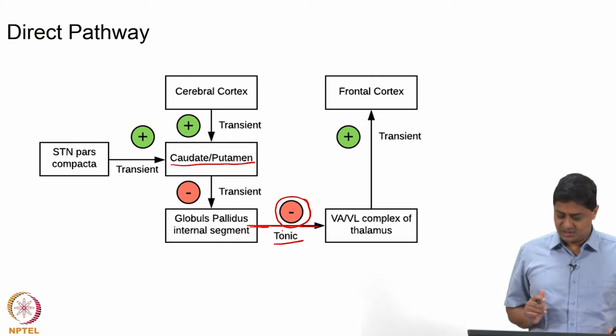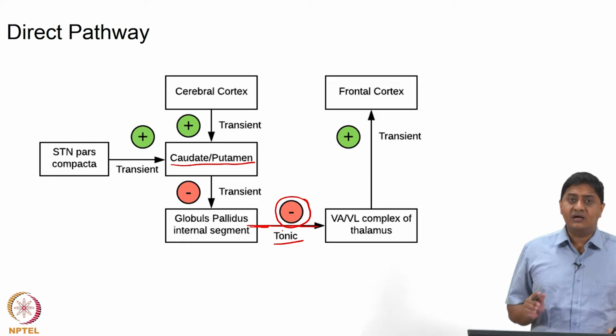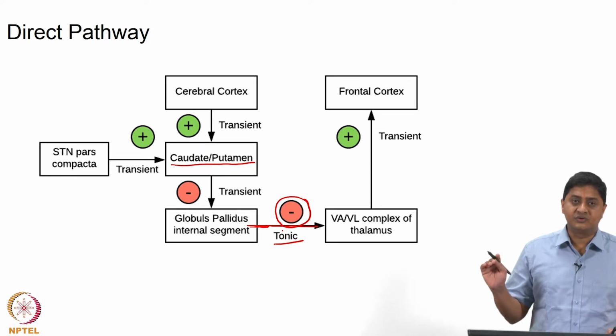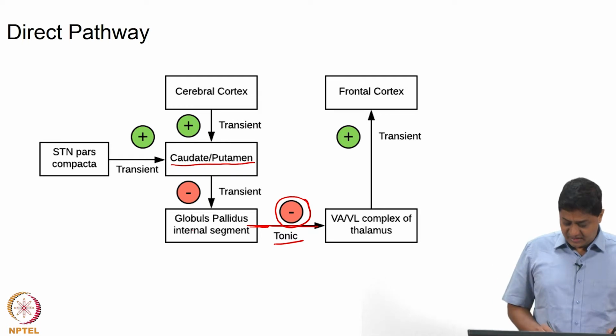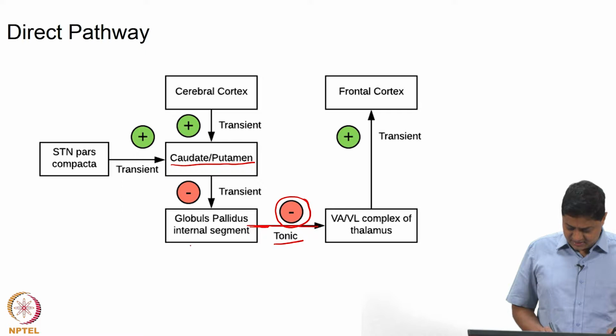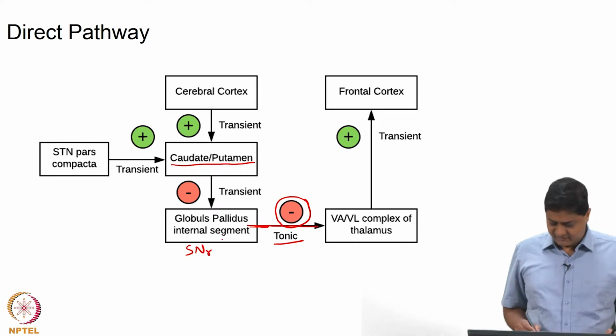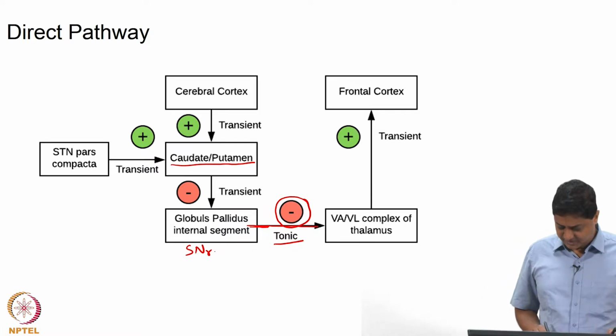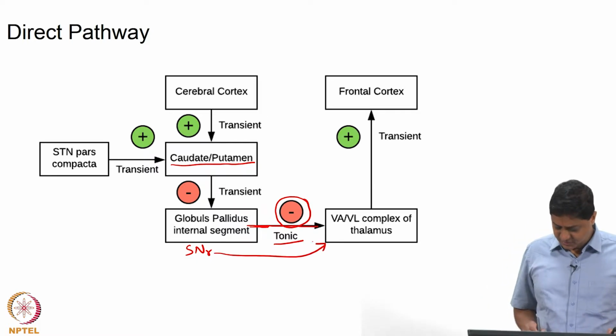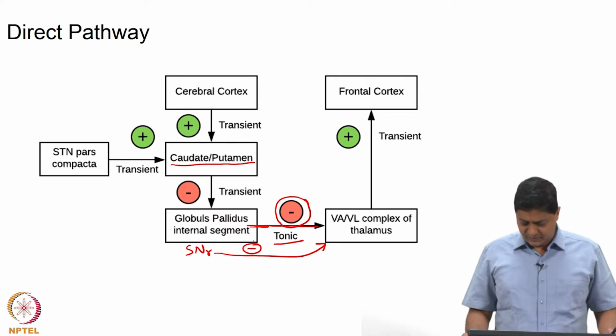That means there is going to be a constant inhibition of the thalamocortical neurons from the globus pallidus internal, or you can say the substantia nigra pars reticulata. The substantia nigra pars reticulata also sends tonic inhibition to the thalamus or maybe to other output structures.